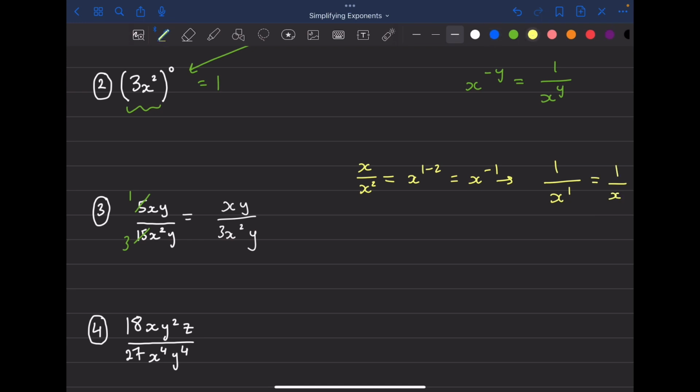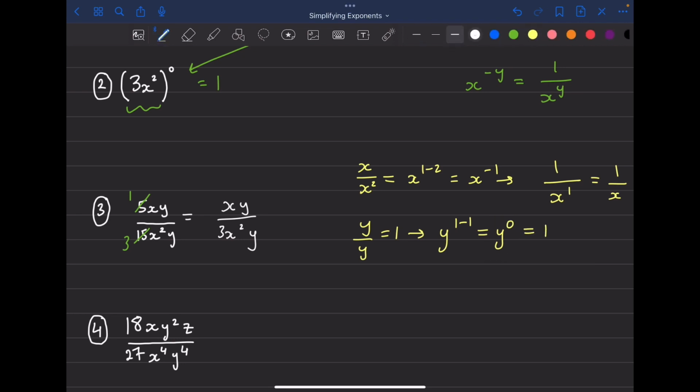And now for the y's, we have y over y. Any number divided by any number is 1, but another way of explaining this is that we can use the quotient rule again. So this would be y to the power of 1 minus 1, which is equal to y to the power of 0, which is once again 1, because anything to the power of 0 is 1.